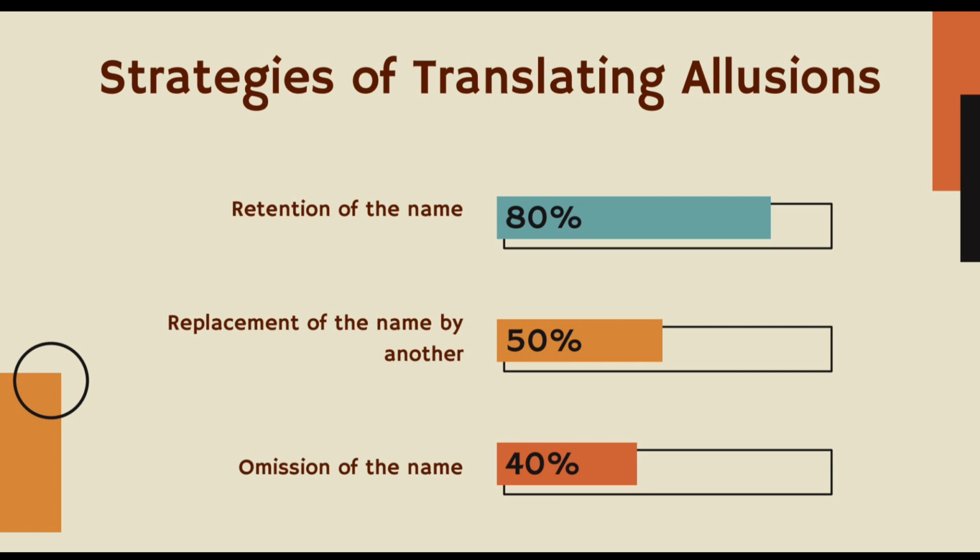Regarding the translation of proper nouns, Newmark 1988 asserts that normally people's first names and surnames are transferred. The procedure of transference cannot be asserted to be effective where connotation and implied meaning are significant.